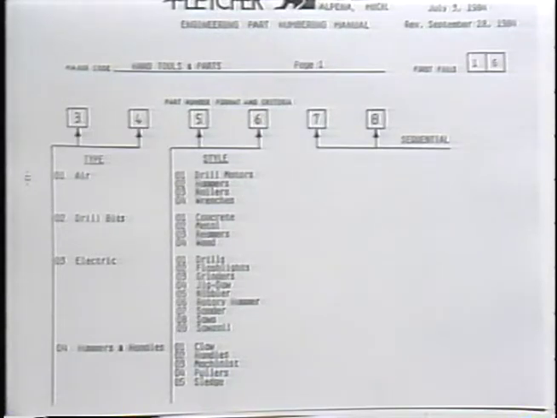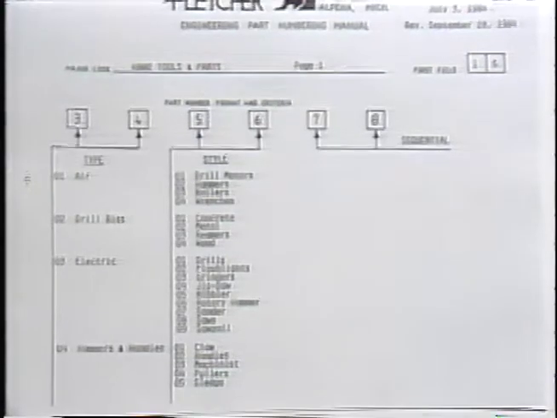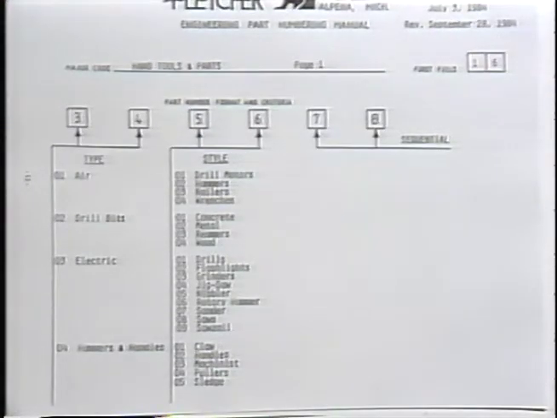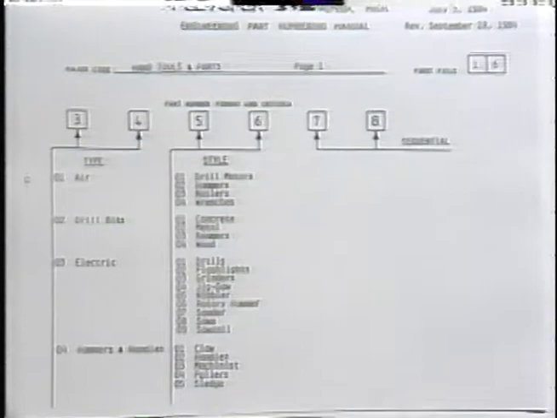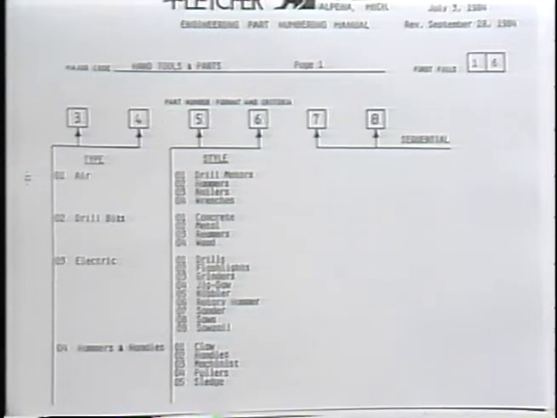The same thing when I look at the sequential number. If I have only 2 drill motors and they're different by description, then the drill motor would be 16, 01, 01, and the first sequential number would be 01. If I went to a hammer and only had, let's say, 1 or 2 hammers, then the hammer would be 16, 01, 02.